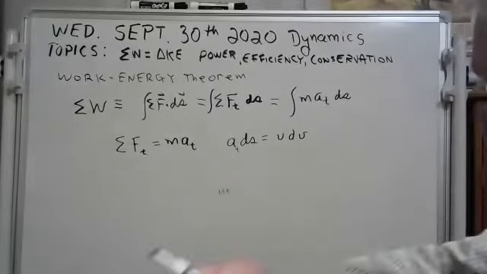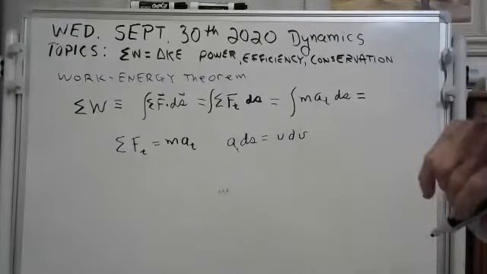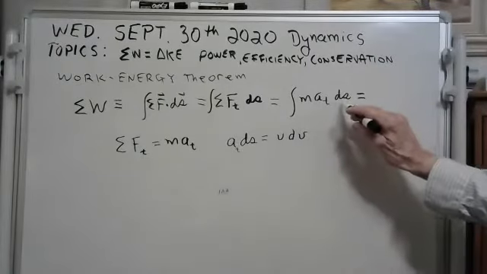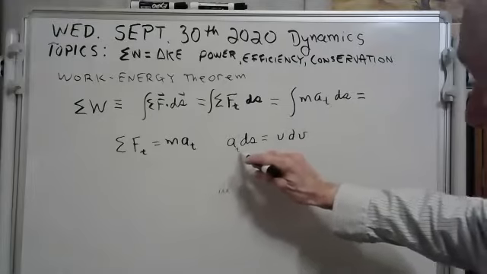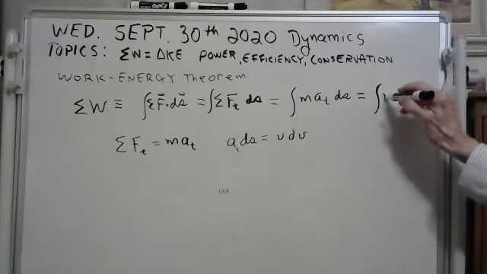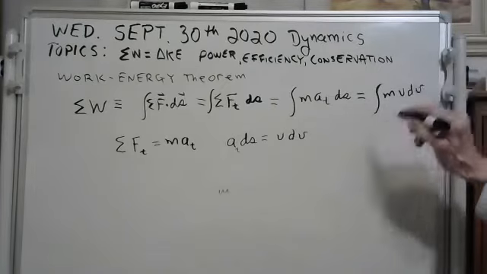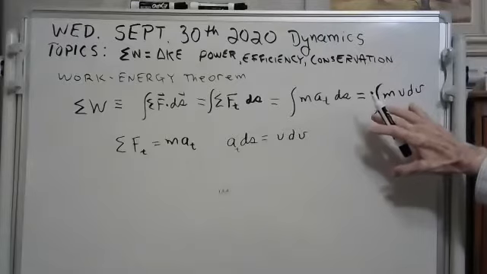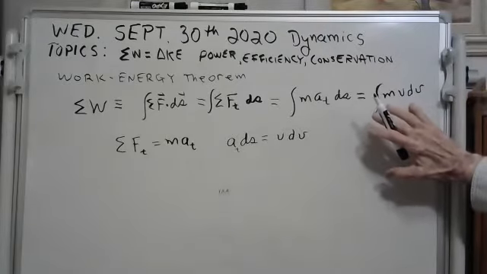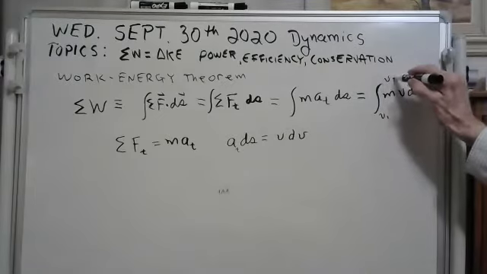Okay, now we're going to do a little algebra here. You see that a_t ds right there? Well, there's an a_t ds, isn't there? So you could write this as the sum of m v dv. Now, if you're integrating with respect to velocity, you'd need to have a v1 and a v2 right there.